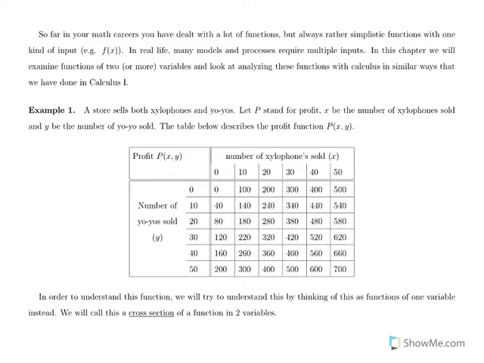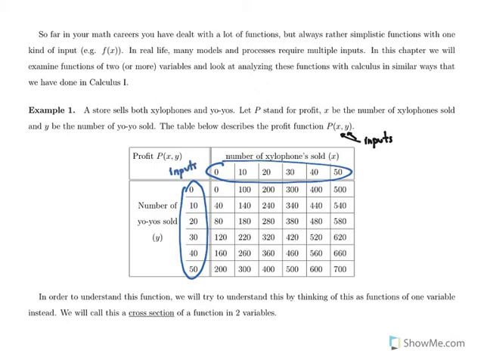Note that we have our inputs inside the parentheses, just like we had for functions of one variable. Now we just have multiple. Also note that in this table, these things on the outside of the table are our inputs, where our outputs are the things that are actually in the table.